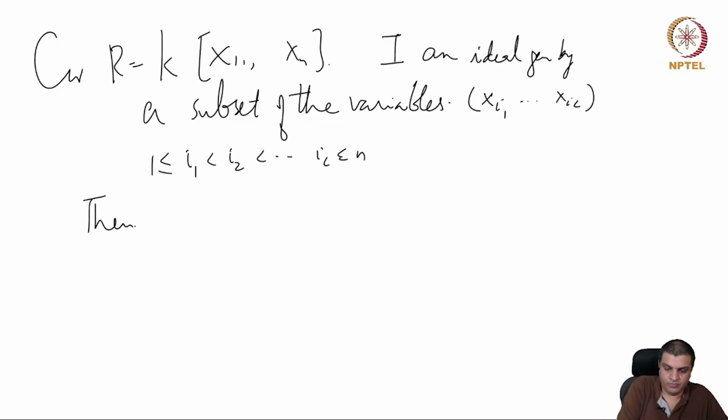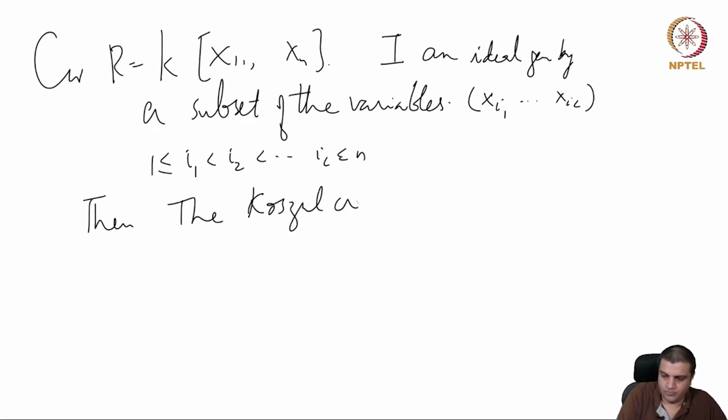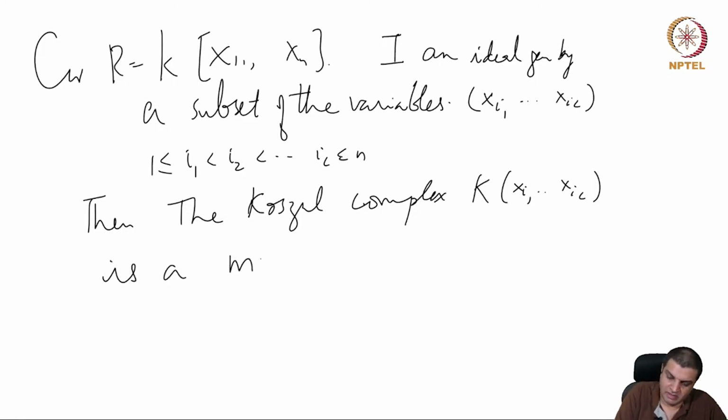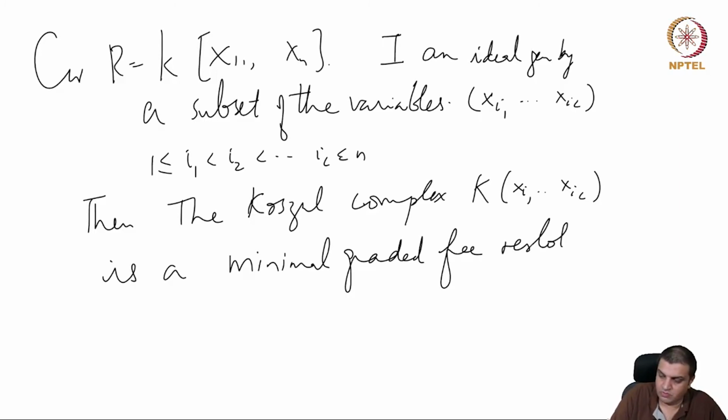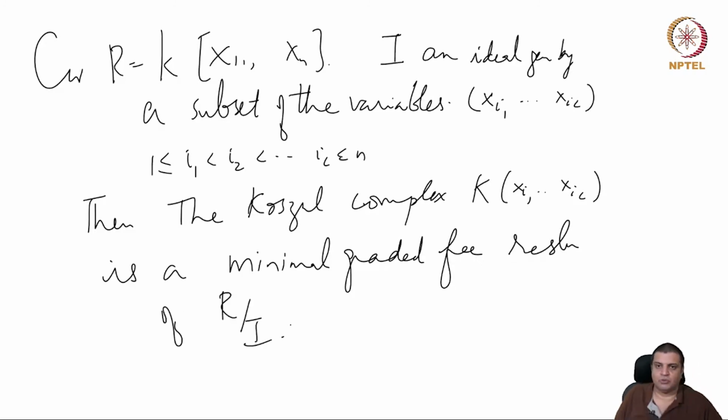Then R mod I, the Koszul complex K on xi1 through xic is a minimal graded free resolution of R mod I, and it has length exactly c.